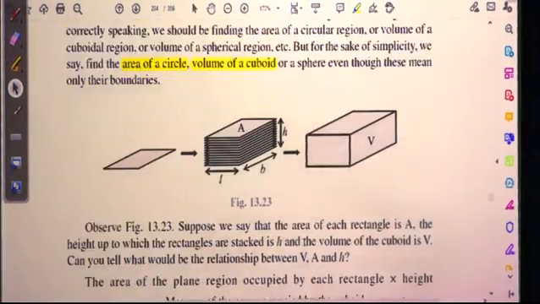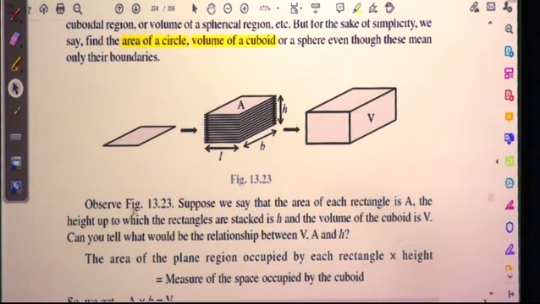Proceeding further, observe figure 13.23.